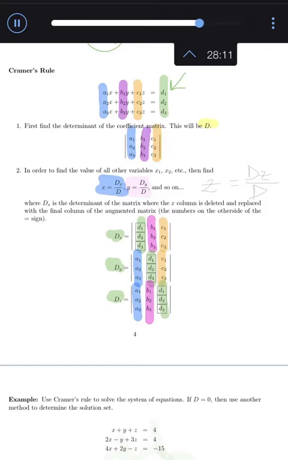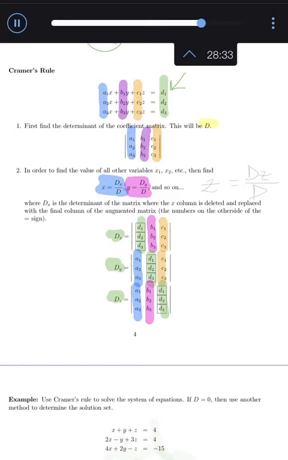Then next, to find the value of y, we can take the Dy that we got and divide it by the determinant D that we got from just the regular 3 by 3 coefficients, and that will give us our value for y.